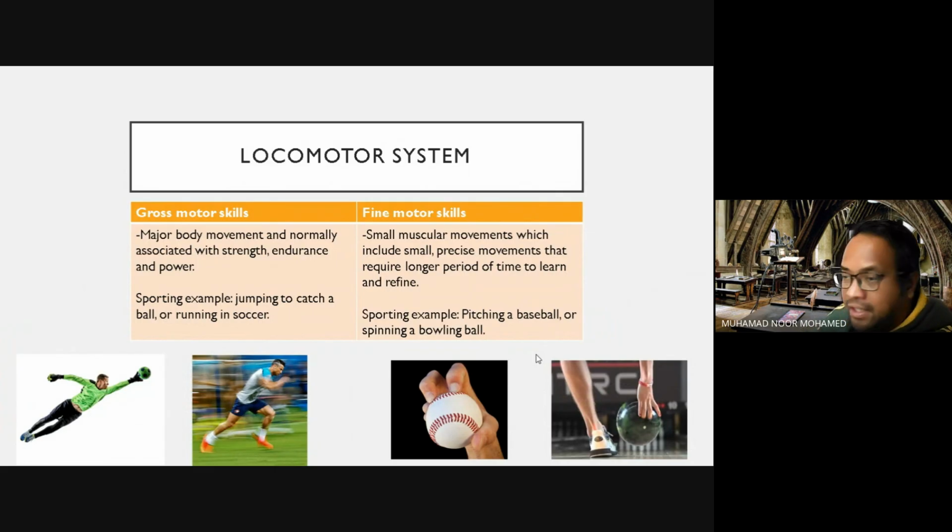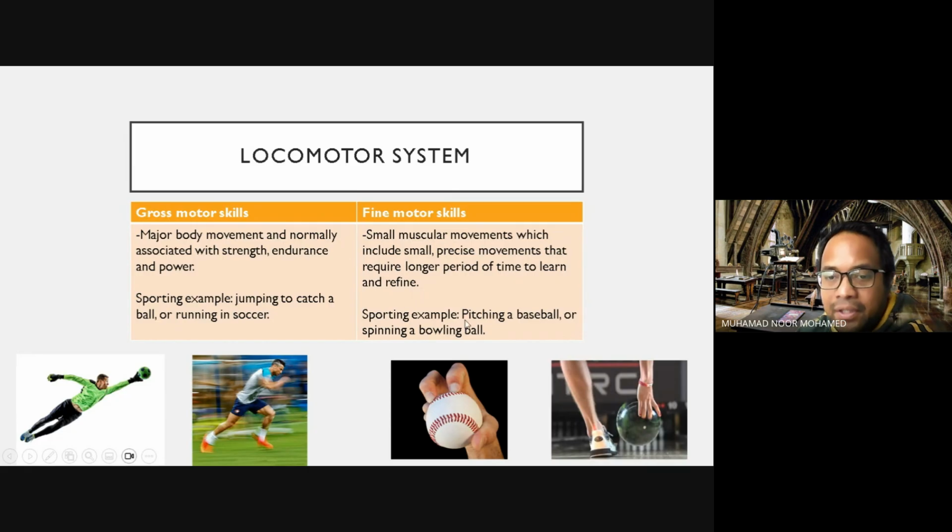Okay, so this is another definition of gross motor and also fine motor skill, where the gross motor skill can be defined as major body movement and normally associated with strength, endurance, and power, while small or fine motor skill is a movement that originated from small muscular movement, which include small, precise, and require longer period of time to learn and refine.